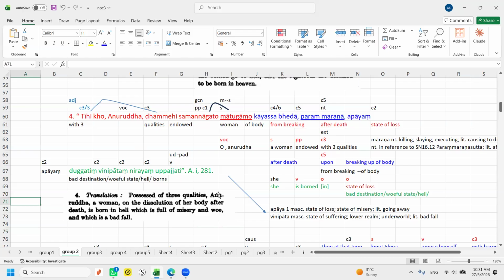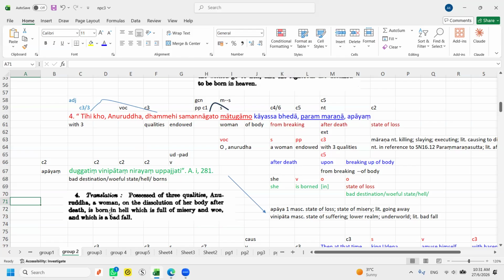Then you put the vocative, then the subject, a woman. On the dissolution: on is from, it means ablative, but he used instrumental. On the dissolution of her body, because body refers to her body. After death, no problem.